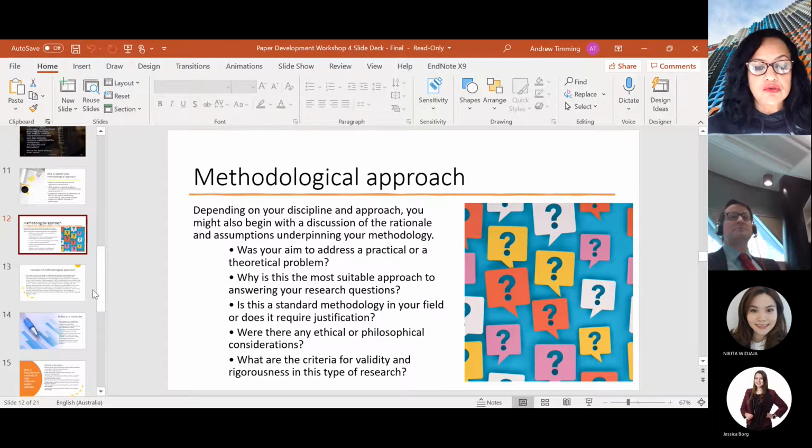Why is this the most suitable approach to answering your research questions? Is this a standard methodology in your field, or does it require justification? Were there any ethical or philosophical considerations? And what are the criteria for validity and rigorousness in this type of research? So I would like to explain this with an example, which is in the next slide.